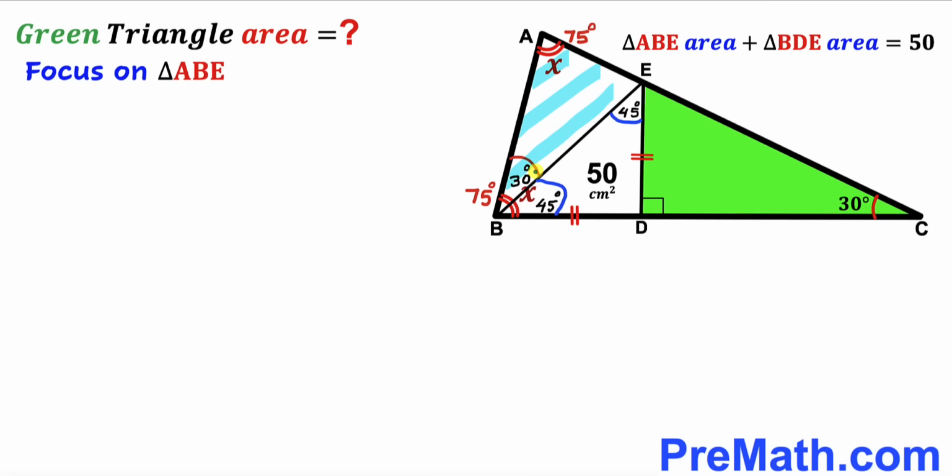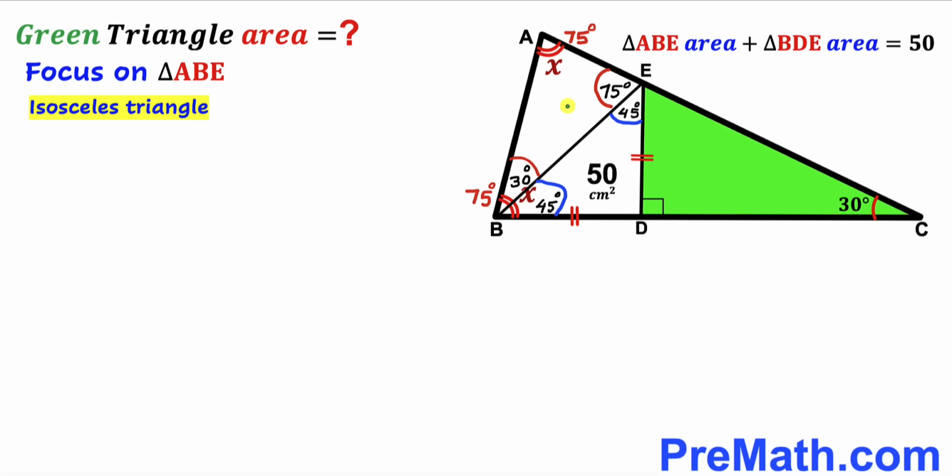The sum of all three interior angles in this triangle must equal 180 degrees. So this angle has got to be 75 degrees, since the sum of 75 degrees, 75 degrees and 30 degrees indeed gives us 180 degrees.